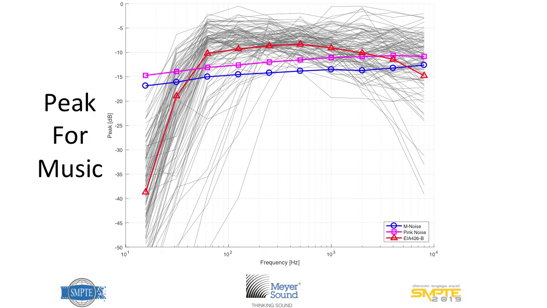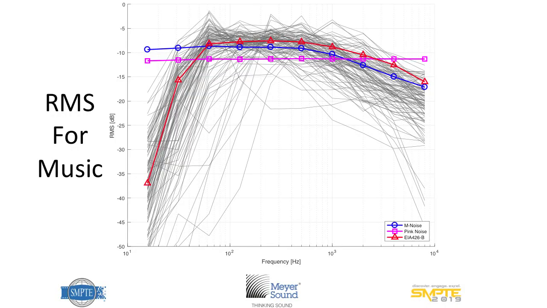Now, on the other hand, pink noise is looking pretty good in this graph. Since it has a constant crest factor, it has a constant RMS level with frequency, it also has a relatively constant peak level with frequency. And so the peak levels with pink noise do rather well reflect what actual content does.